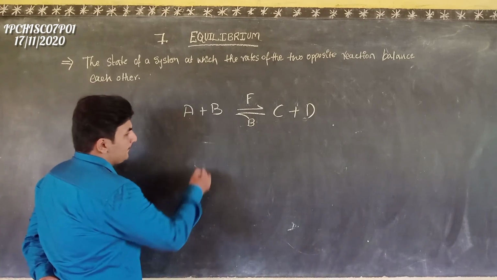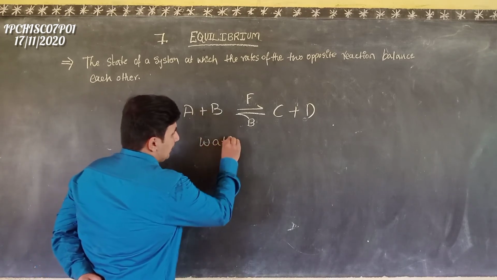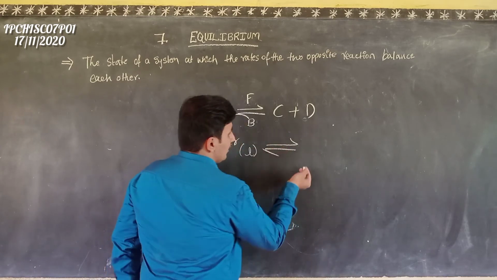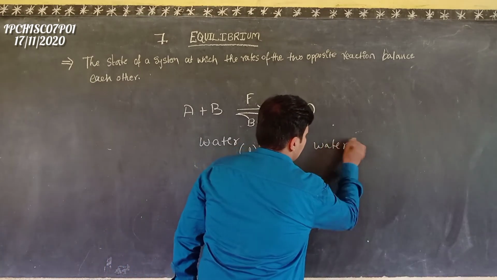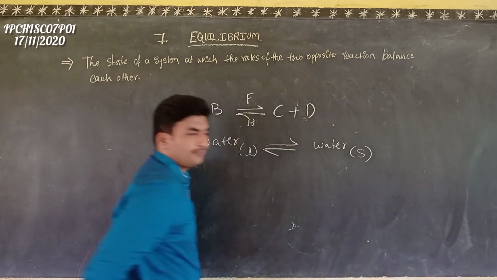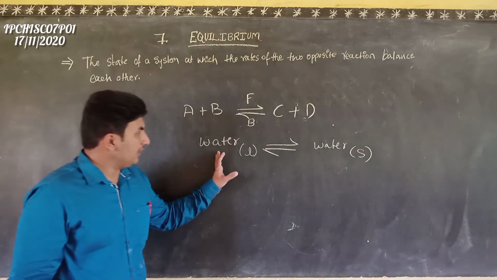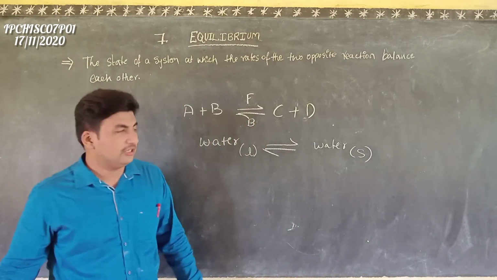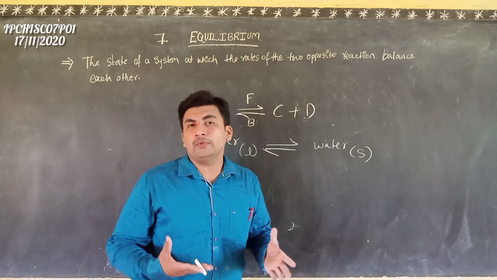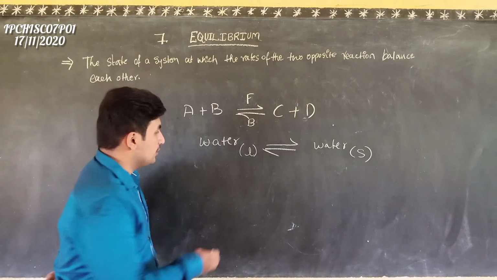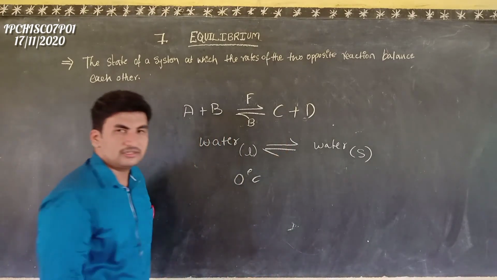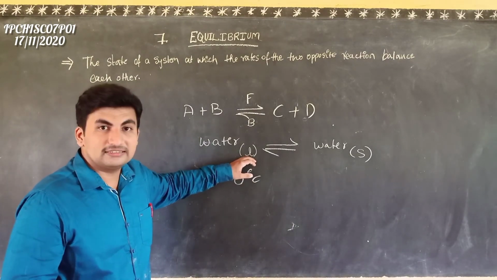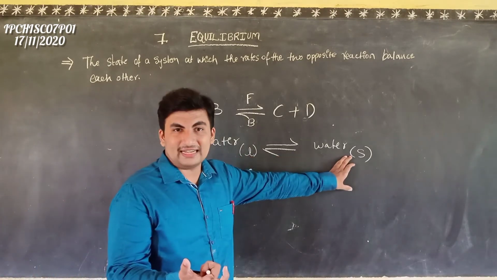For example, a simple example is water in the liquid state and water in the solid state. See here, the water is in the liquid state and the water is in the solid state. These two are in equilibrium with each other at 0 degrees Celsius. Why? At 0 degrees Celsius, water starts to freeze, right?